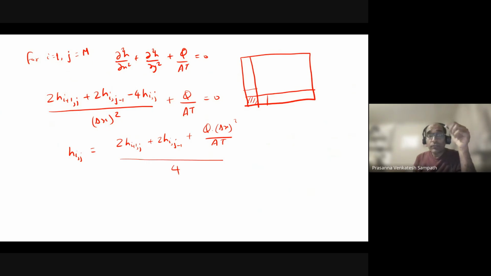Therefore, because it doesn't have i minus 1, I do 2 times h of i plus 1 comma j. That's the first term. And because I don't have a j plus 1 term, I simply do 2 times h i comma j minus 1, which is the previous row. Then the next term takes care of the pumping term, and the whole thing is divided by 4. This gives me the head in the cell which is holding the pumping well.